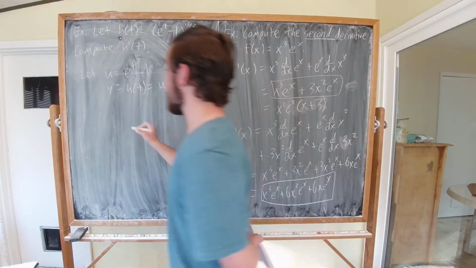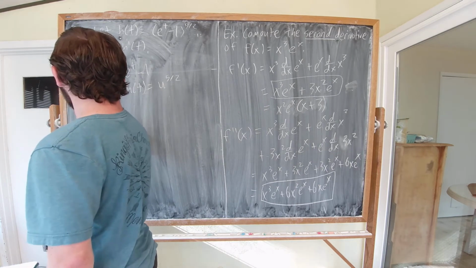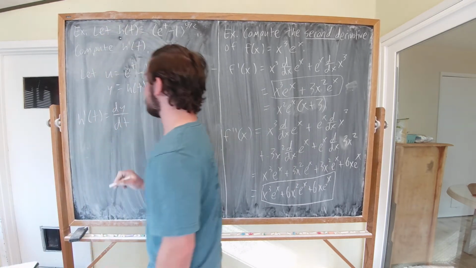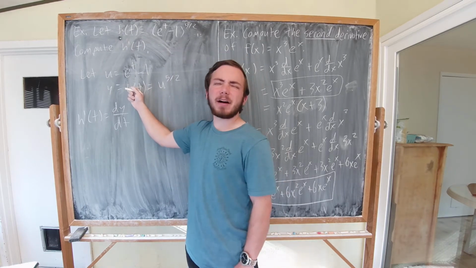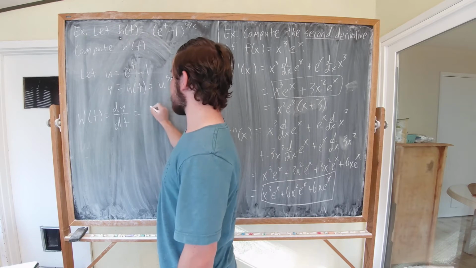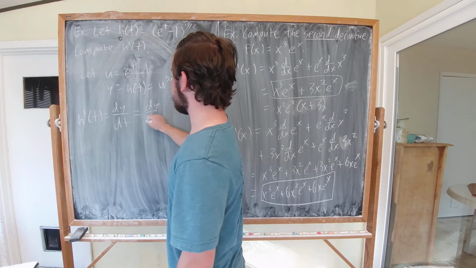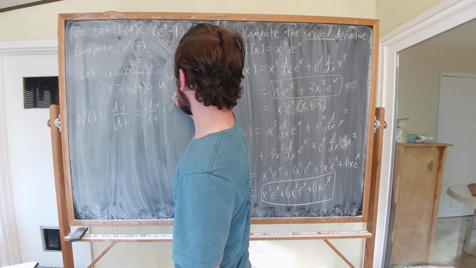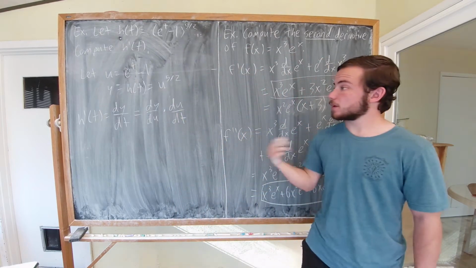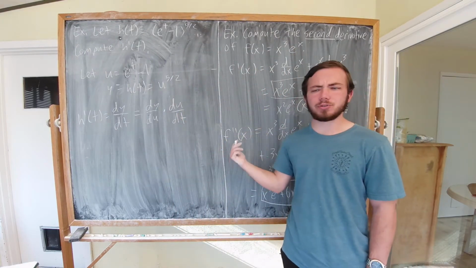Then, h prime of t, by definition, will be dy dt, right? We're talking about a function of t, so we're taking dy dt. Chain rule says that's equal to dy du times du dt. What are those two derivatives?